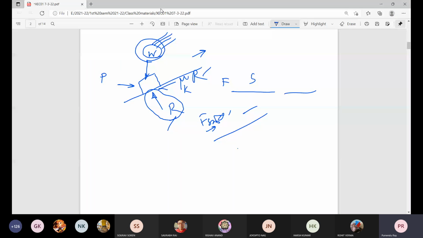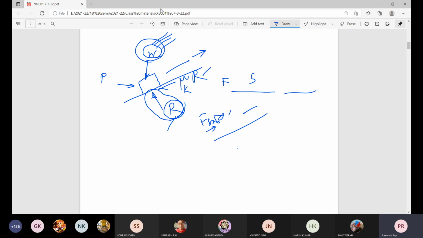Similarly, when we consider the displacement along the inclination upward or downward, then this normal reaction, which is perpendicular to the direction of displacement, is also not involved in that calculation of work done. So that thing is also there, that automatically some forces are not involved in that equation.